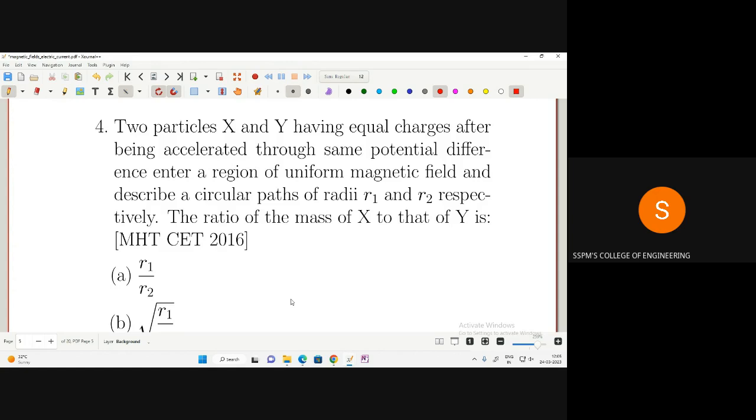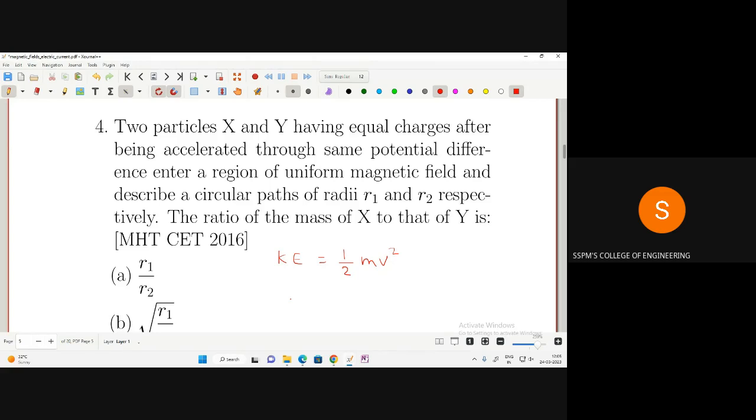That acceleration is determined with the help of the kinetic energy of the charge. So what is the kinetic energy of the charge? The kinetic energy signifies the acceleration of the charge. It is equal to half m v square, where m is the mass of the charge and v is the velocity of the charge.